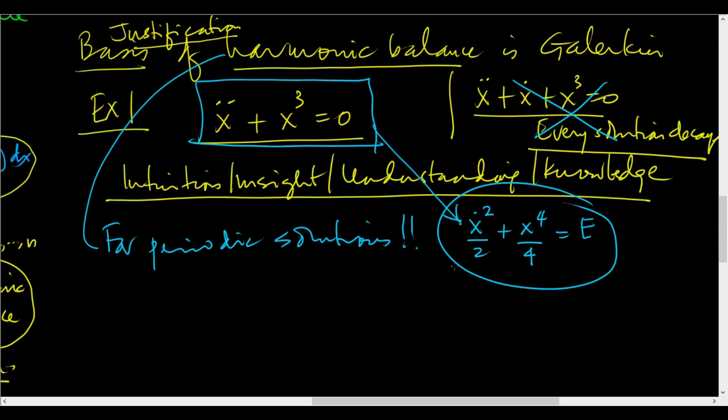So this gives you some sort of closed curve in the x, x dot plane. They may not be circles or ellipses, but they're closed curves. Every solution is a periodic solution.